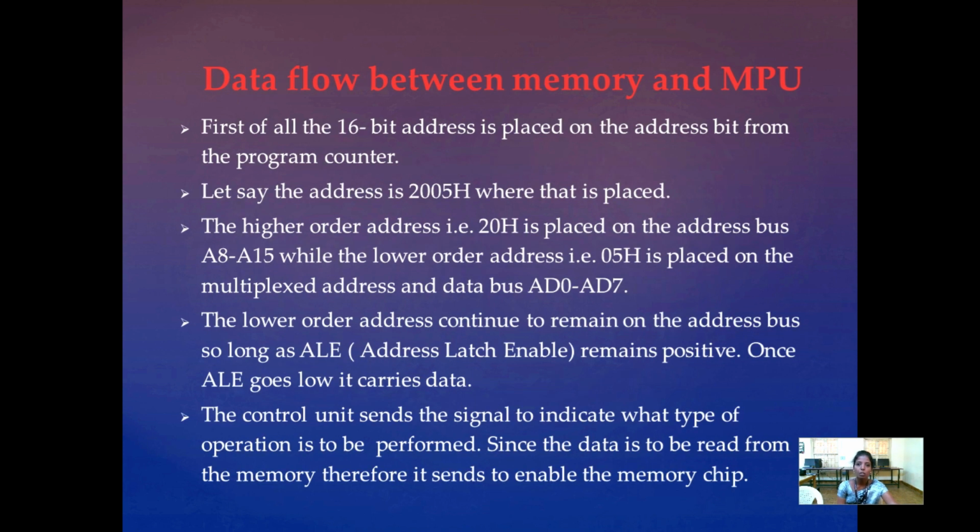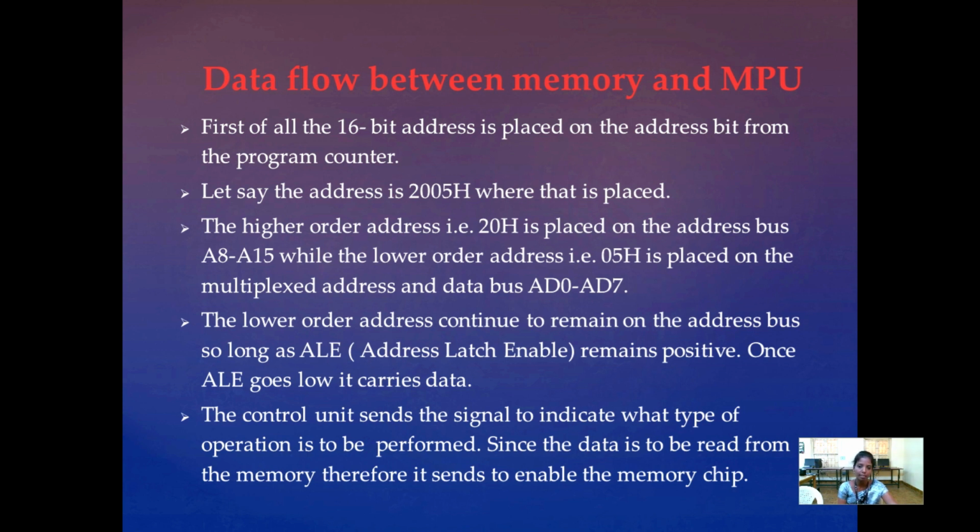Now we are going to see how data flows between memory and the MPU, that is, the microprocessor unit. First of all, the 16-bit address is placed on the address bus from the program counter. Let's say the address is 2005H.